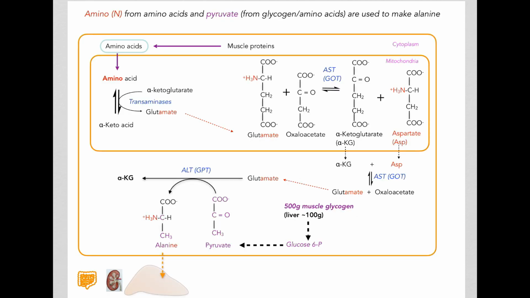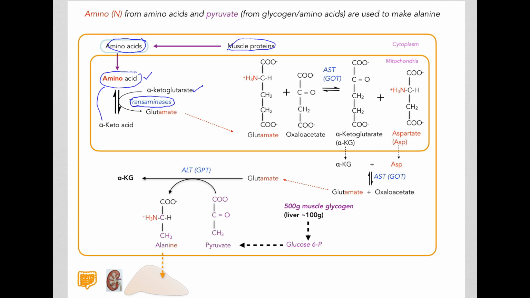So during starvation, muscle proteins are broken down into amino acids. Then in the mitochondria, the amino acid undergoes a transamination reaction catalyzed by enzymes called transaminases. Basically, the amino acid will react with an alpha keto acid.